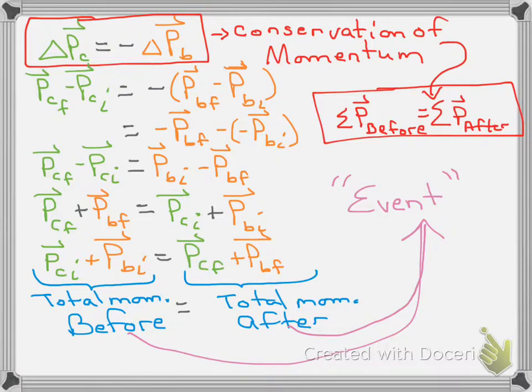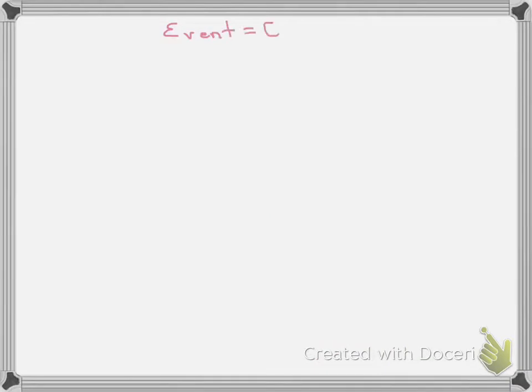So, momentum conservation says the sum of all the momentums before equals the sum of all the momentums afterwards. Well, before and after what? Well, some event, something happening. Like in this case, the club hit the ball. So it's a collision.